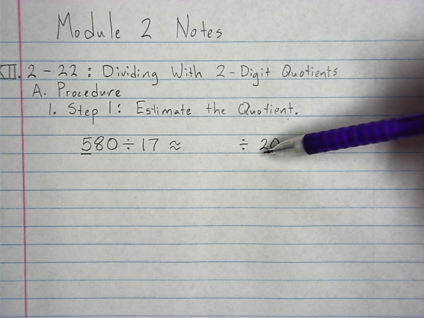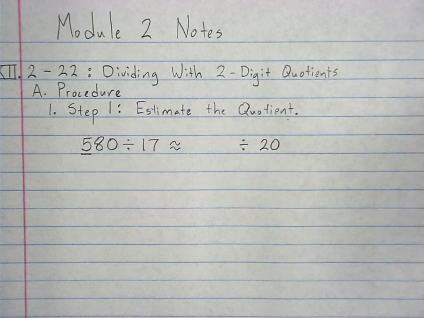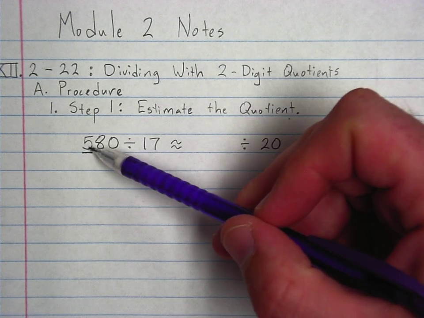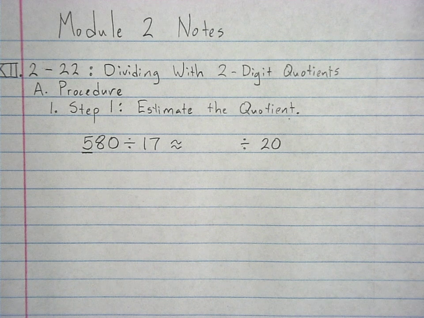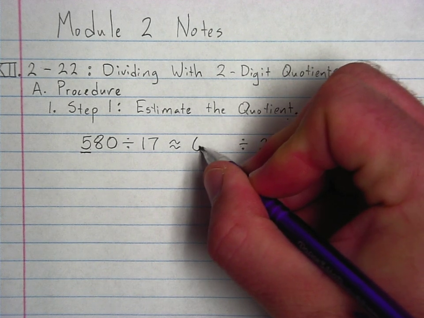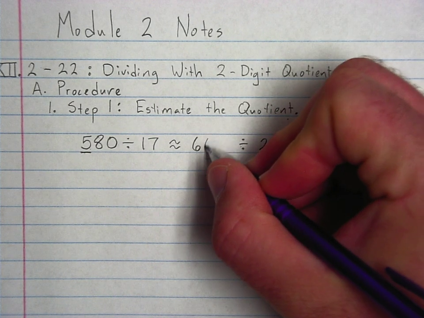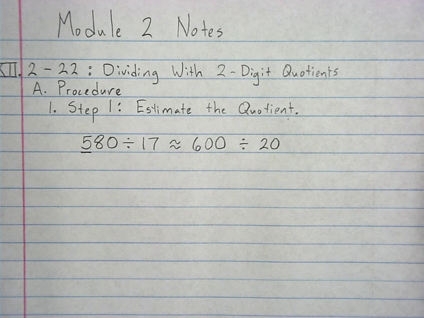What is part of a 2 fact family that's super close to this? Really, 4 is really close. 6 is really close. In this case, it really would normally round up to 600 anyway. So I'm going to go with the 6. But if the 4 had been closer, I would have gone with 4. It's, again, whichever is closest.